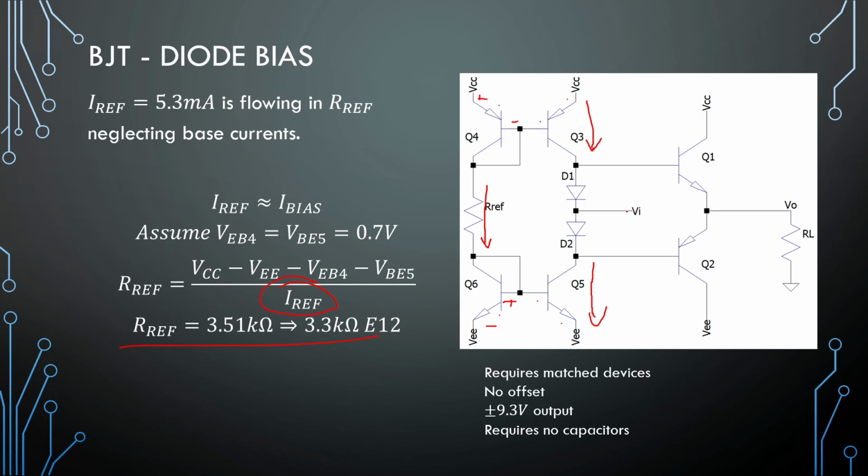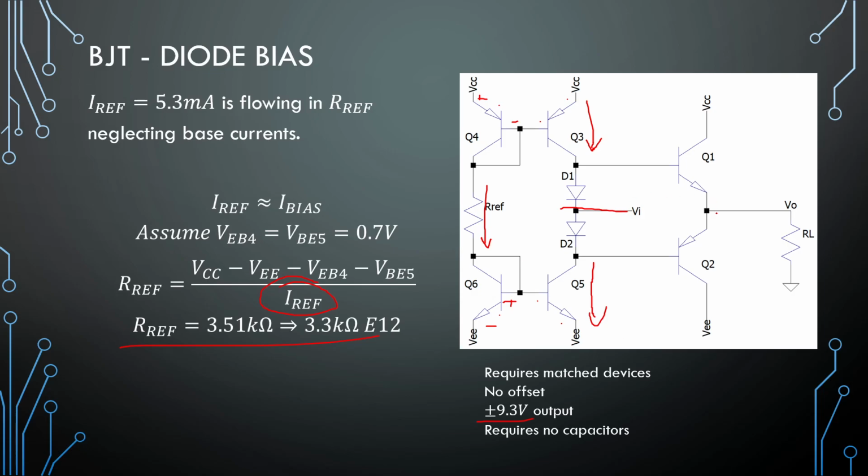Okay, so you can include your input right here between the two diodes. Just note that you will lose 0.7 volts because of the diodes, and it requires matched devices. Okay, this is very important.